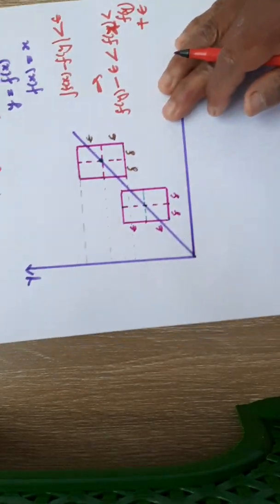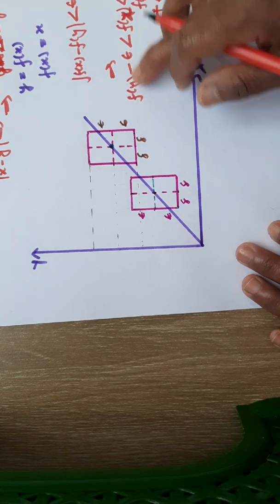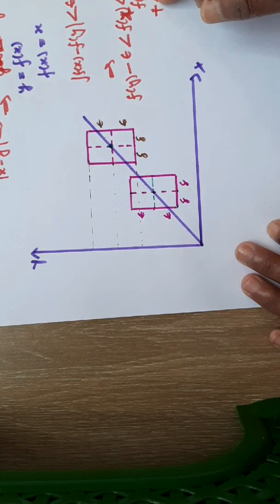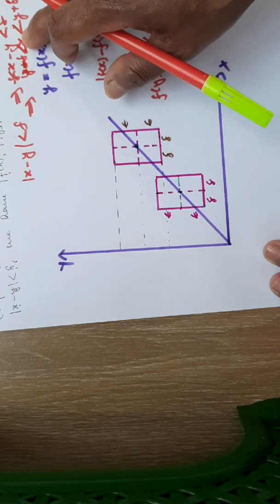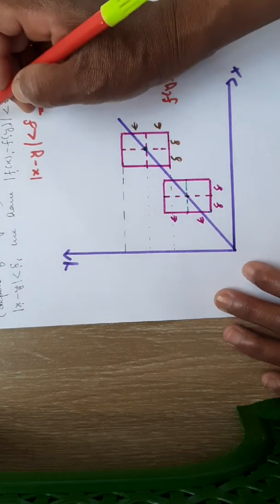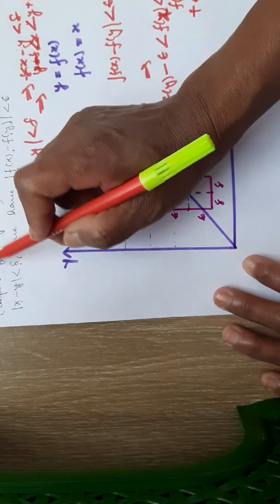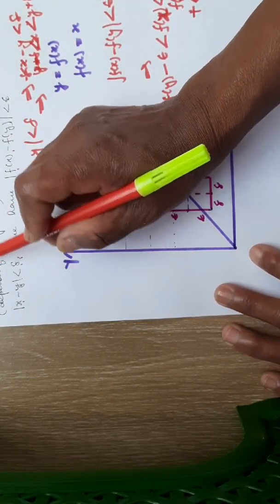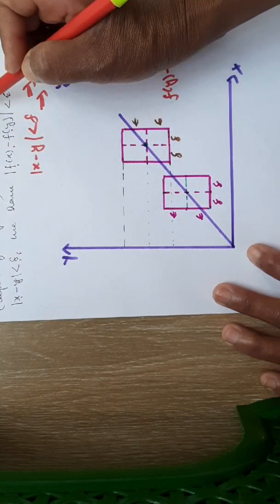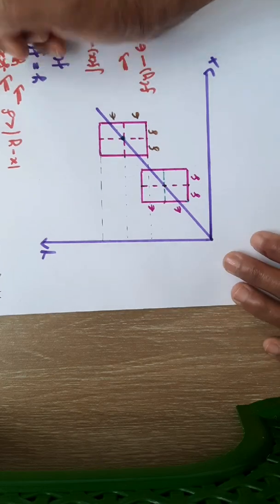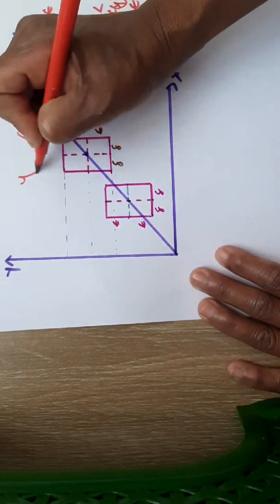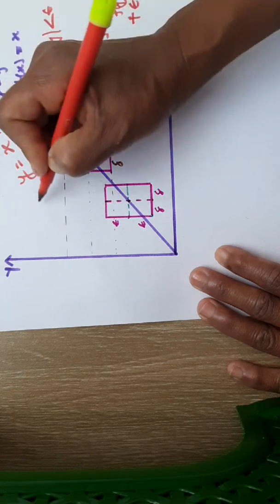So that means the value of f(x) should lie between f(y) minus epsilon and f(y) plus epsilon whenever x lies in this interval y minus delta to y plus delta. So in the case of a uniformly continuous function, this delta depends only on epsilon, not on the choice of point C.